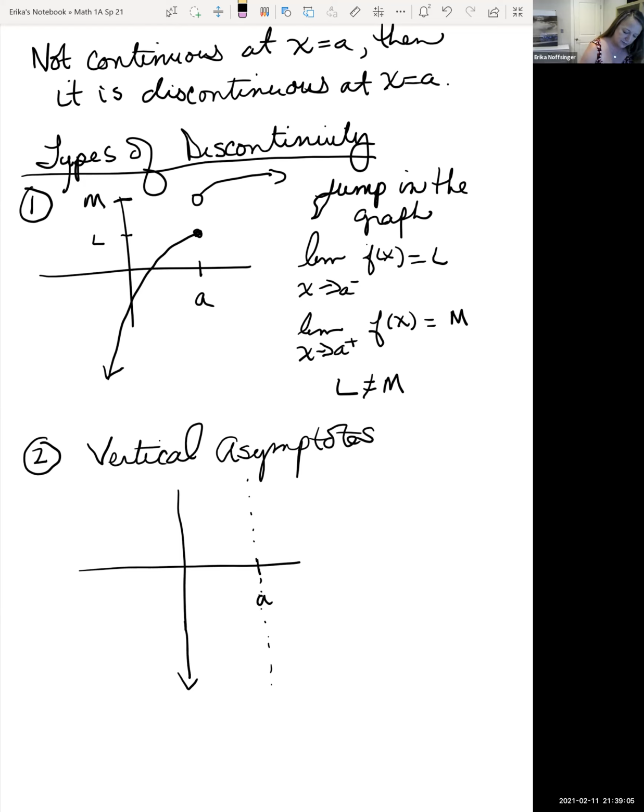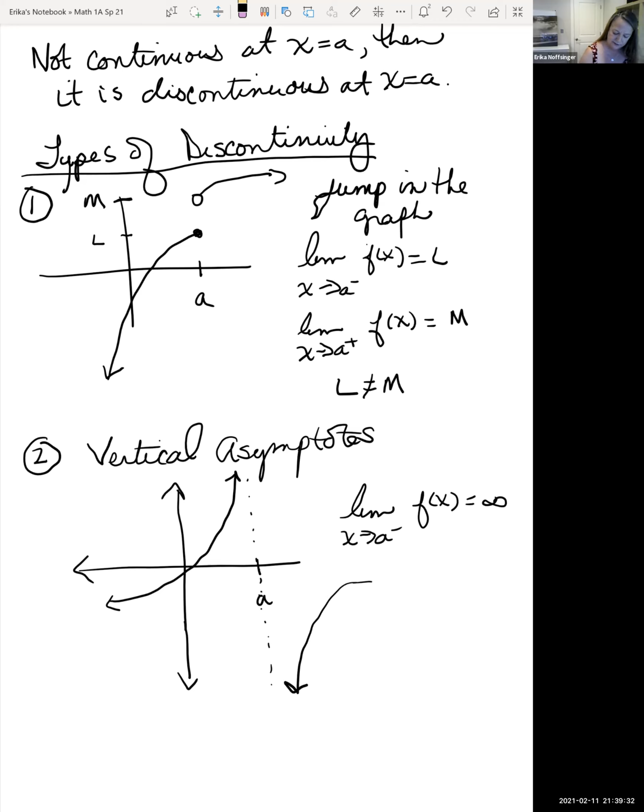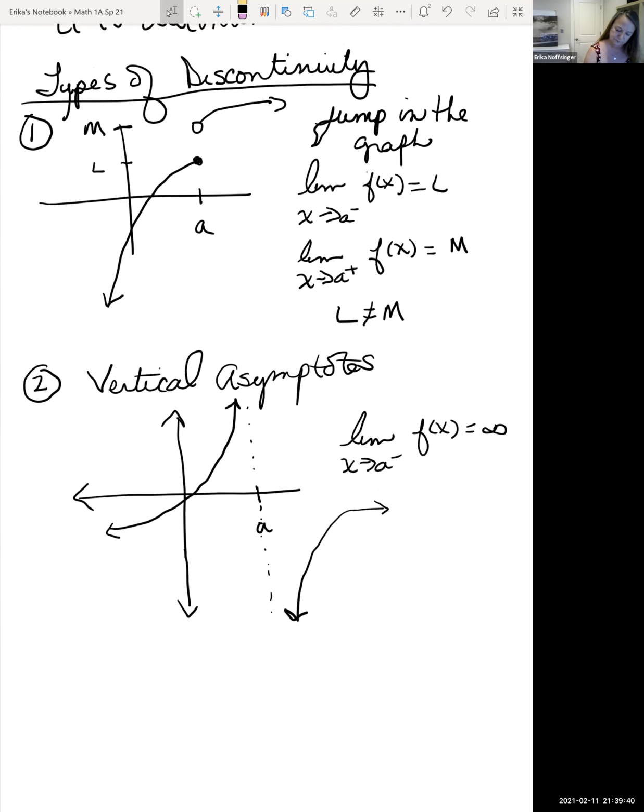And so we might have something where x is coming in from the left and it's shooting off to positive infinity. It's possible that coming in on the right, it's also going up to positive infinity, or it could be shooting down. But if it's going to positive infinity or negative infinity as we're coming in on the left or the right, then it's an asymptote and the limit doesn't exist. And it's discontinuous there.